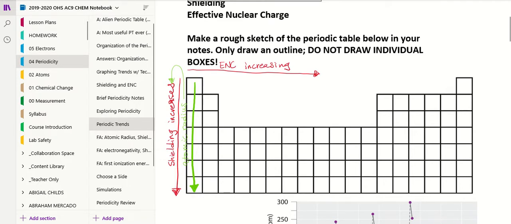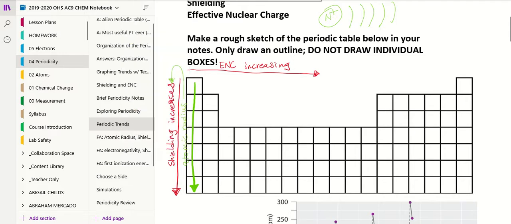Why does it increase? It increases because, what am I pointing to? Shielding is increasing. The more layers you have, the bigger your atom gets. So as I add more and more layers, my radius gets larger and larger and larger.